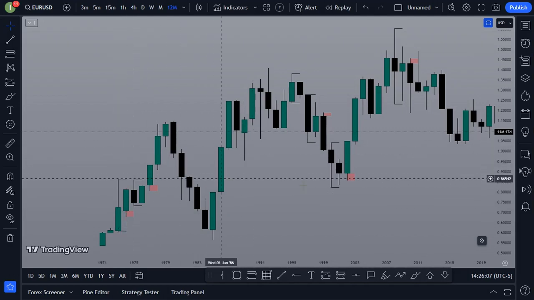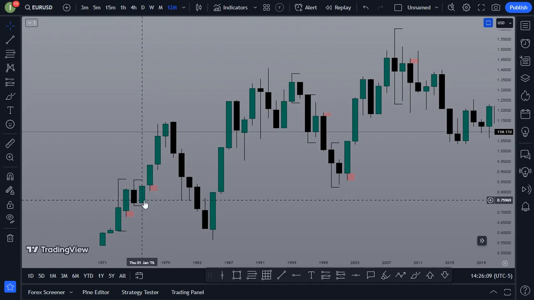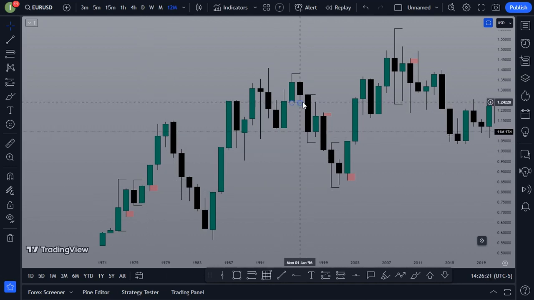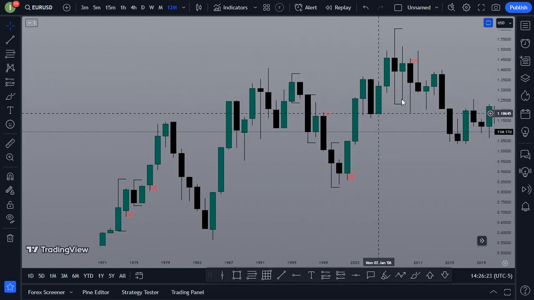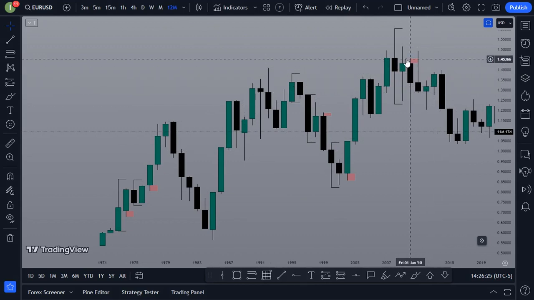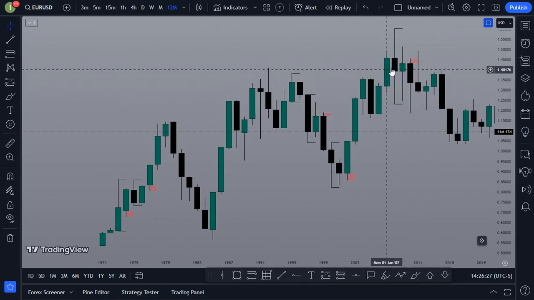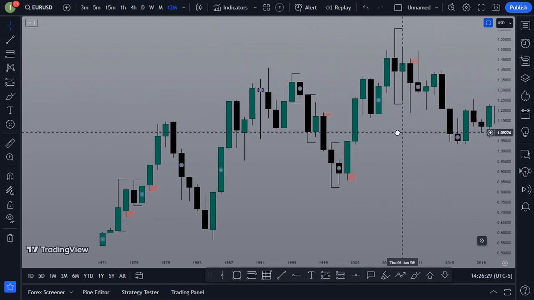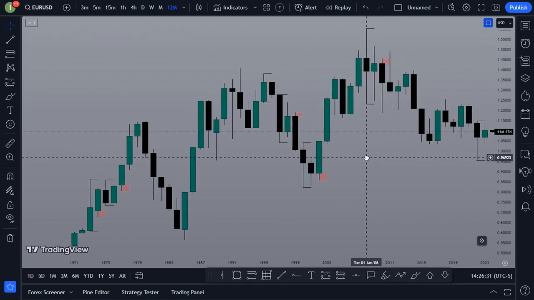Of all these 6 times, it has happened only 2 times whereby the candle that creates the inside bar, the next one will also be that very candle. 1977 and 1997. Only 2 times. But all of them, the next candle is going to be the opposite candle, and it will just move in one direction.